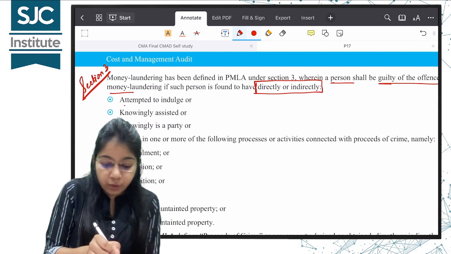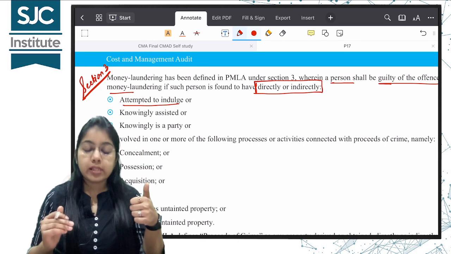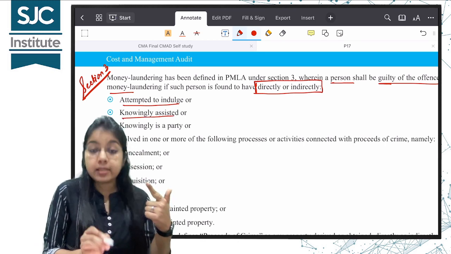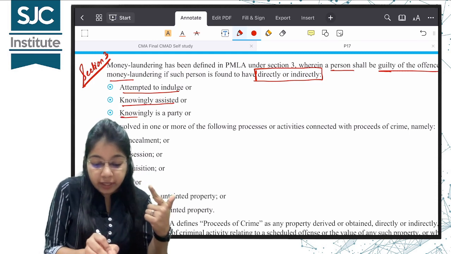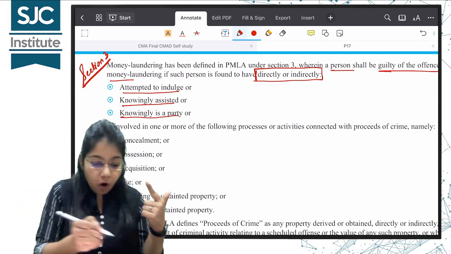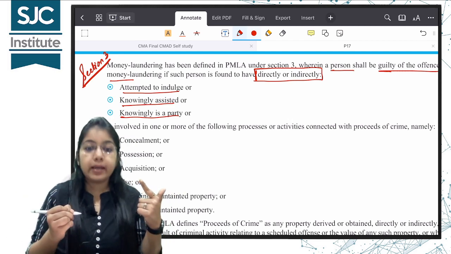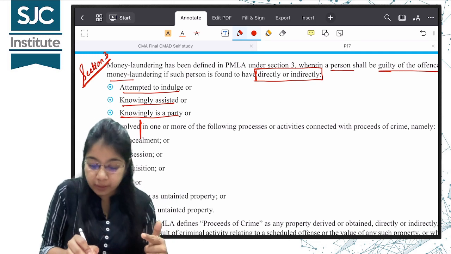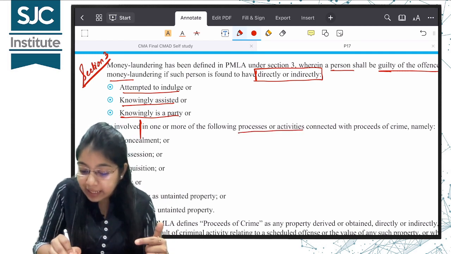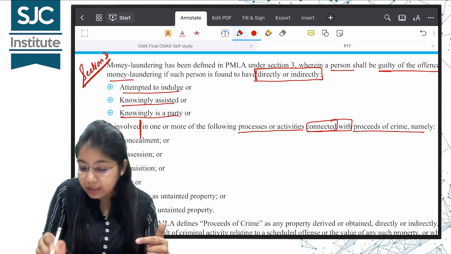Either attempted to indulge in any of the activities which are stated below, or I have knowingly assisted a party who is trying to do certain activities, or I am knowingly a party, or I am involved directly or indirectly in one or more of the following processes or activities connected with the proceeds of crime.